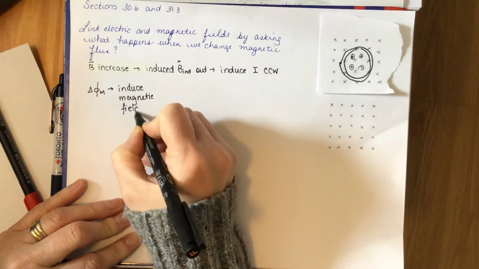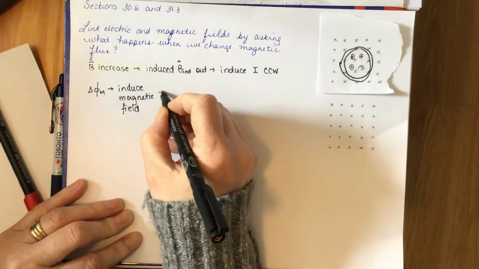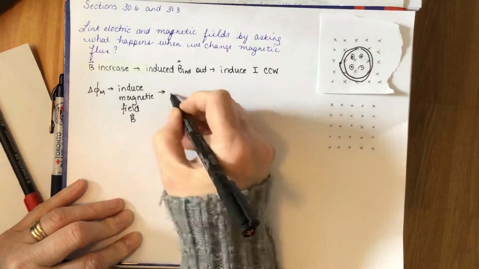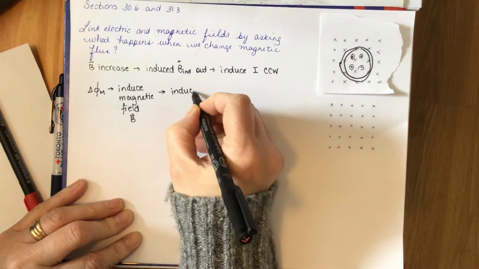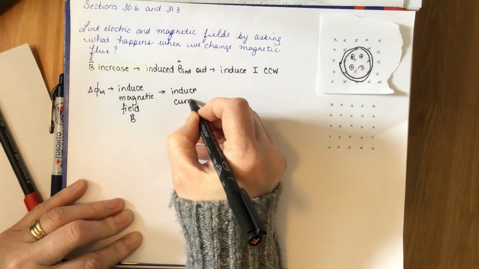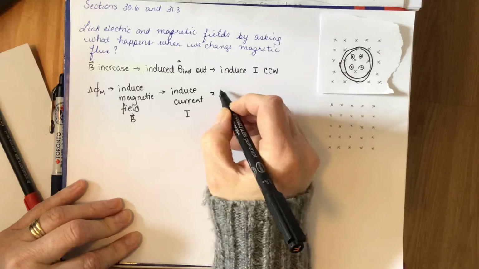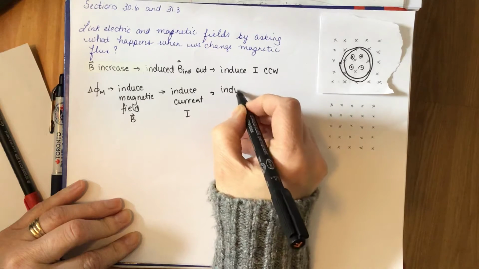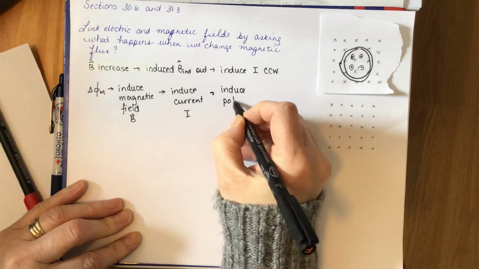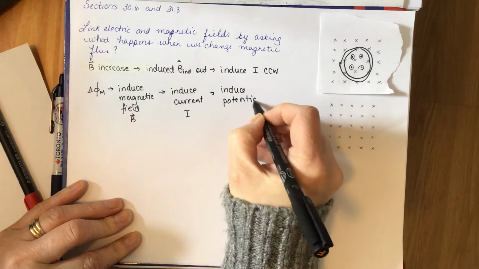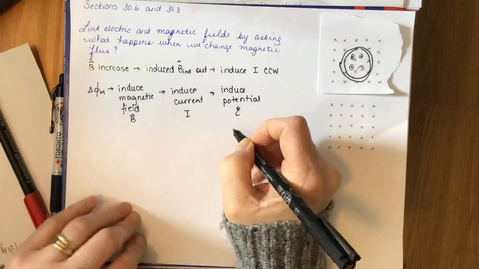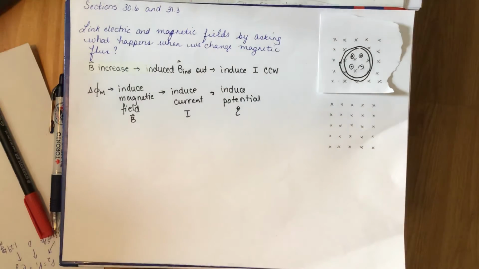If we induce a magnetic field, we induce a current I. If we induce a current I, then we've induced a potential, epsilon. So that's all really good, and that's true. But now we have to think a little bit further.